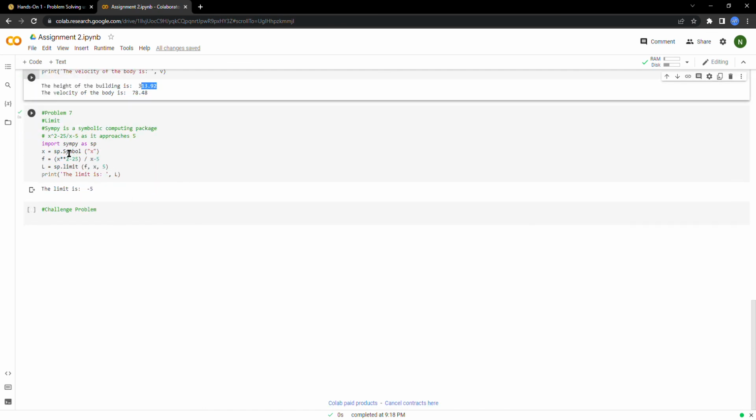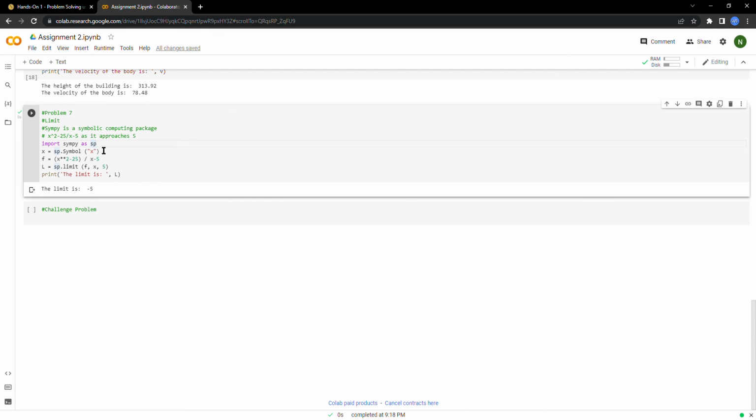We use import sympy as sp, because it's just a shortcut so that it is easy to indicate. x equals sp.Symbol, so x, instead of being text only, is indicated as a symbol or a variable in this function. f is a function here: we're solving for x squared minus 25 divided by x minus 5 as x approaches 5.